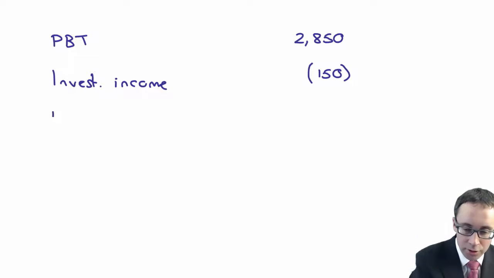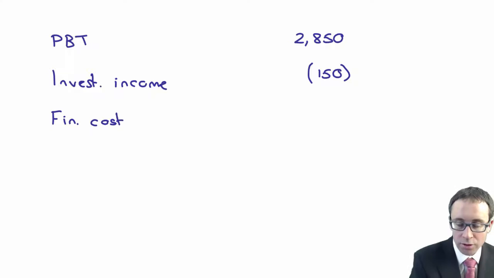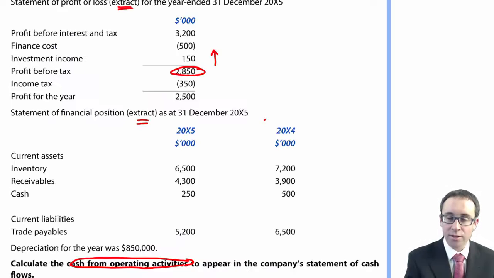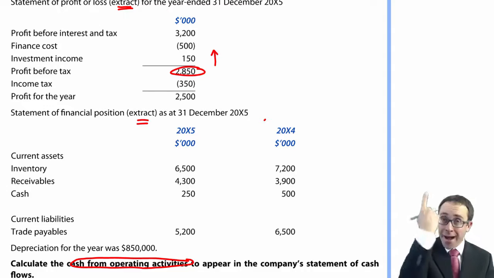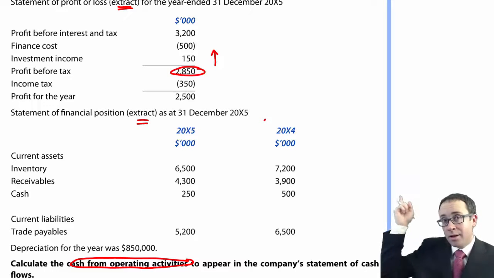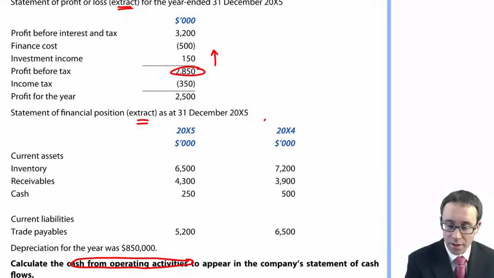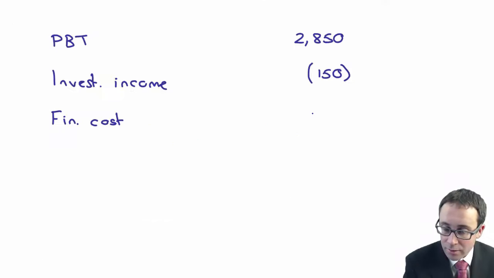Similarly, we need to adjust for your finance cost. The finance cost figure there has been deducted to get to profit before tax. So to get back to the top there, your profit before interest and tax, we're going to have to add on that 500.